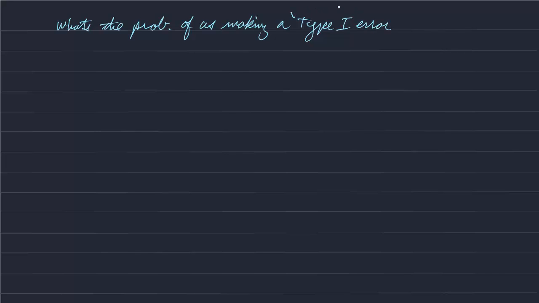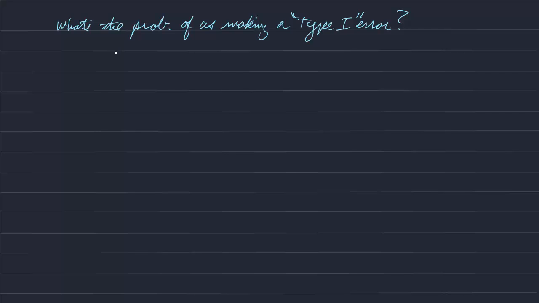Okay, so what's the probability of us making a type 1 error? Why don't you think about that, and if you need to, stop the video and go ahead and do that. So that's the question I'm posing.